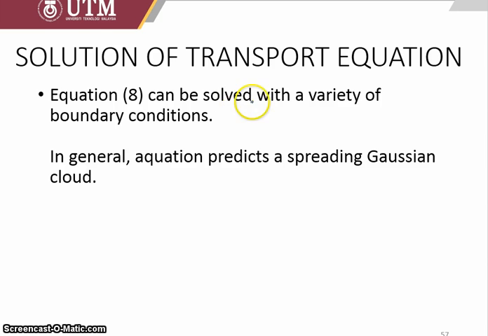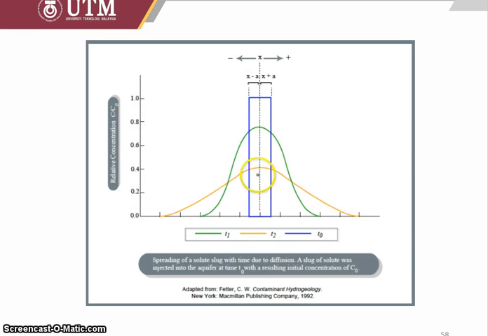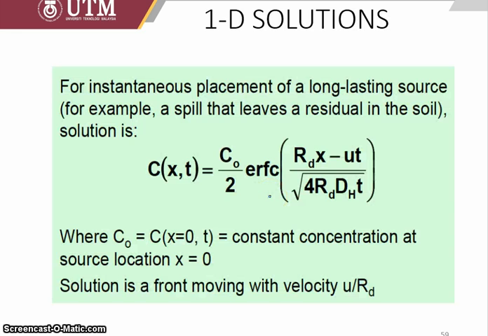So the solution of equation 8 just now can be solved for a variety of boundary conditions, and in general it predicts a spreading Gaussian cloud, which looks like this Gaussian graph. So this is 1D.